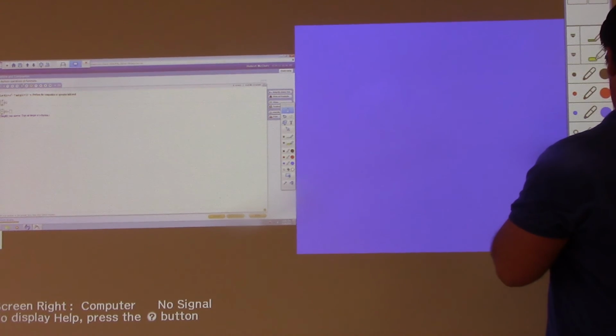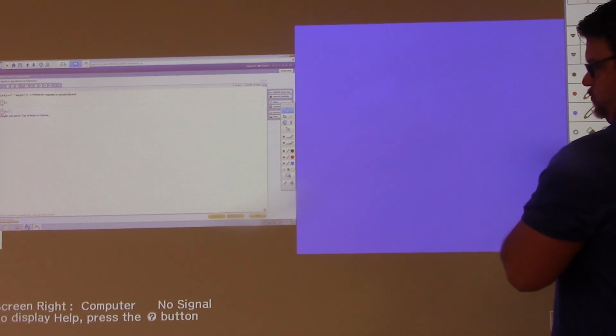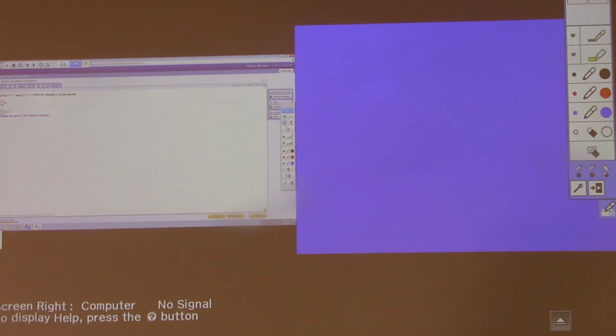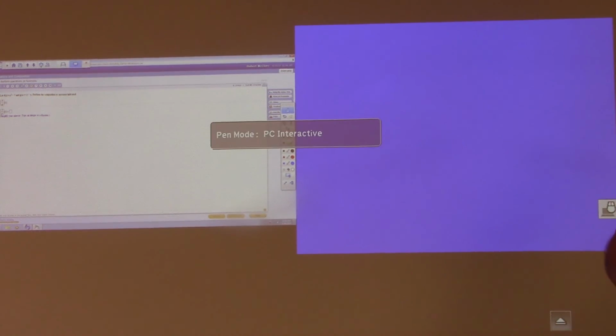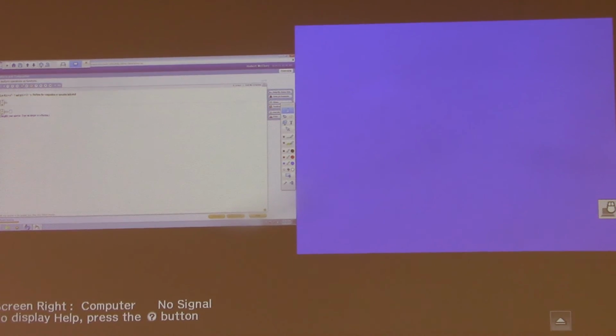Down there at the bottom it says screen right, computer, no signal. It's like it's set on the computer. Oh, I know why it's doing that. Okay, turn this back off. Y'all just bear with me a minute, because if I could do this, it would help tremendously. I'm looking for the input. There it is.